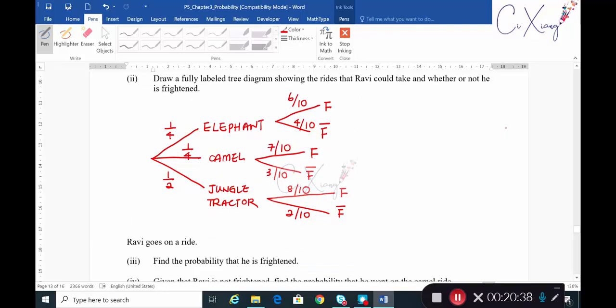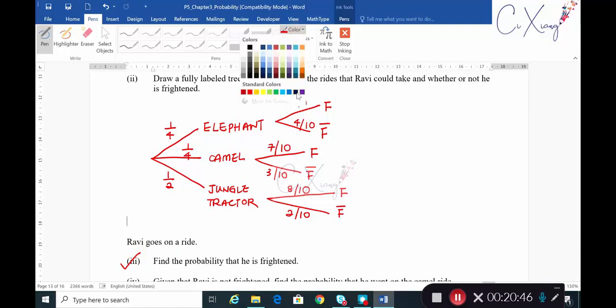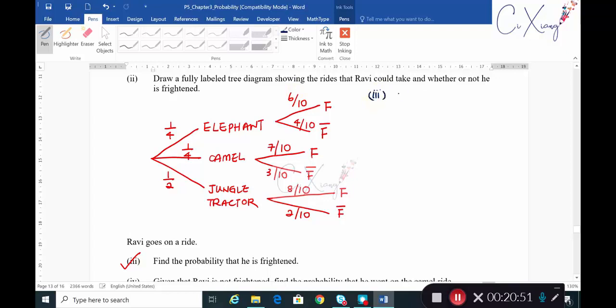Then next for part number 3. Ravi goes on the ride and they want you to find the probability that he is frightened. This question is very simple. They want to know whether he is frightened or not. Like what I told you just now, you cannot only focus on the probability from the second layer of the tree diagram.